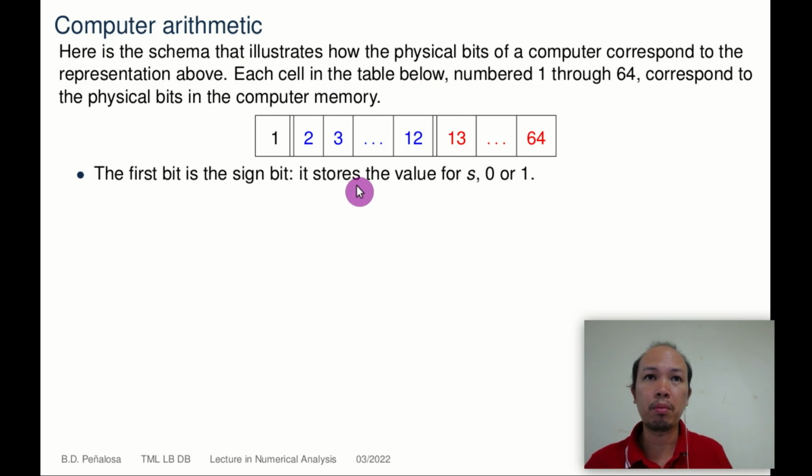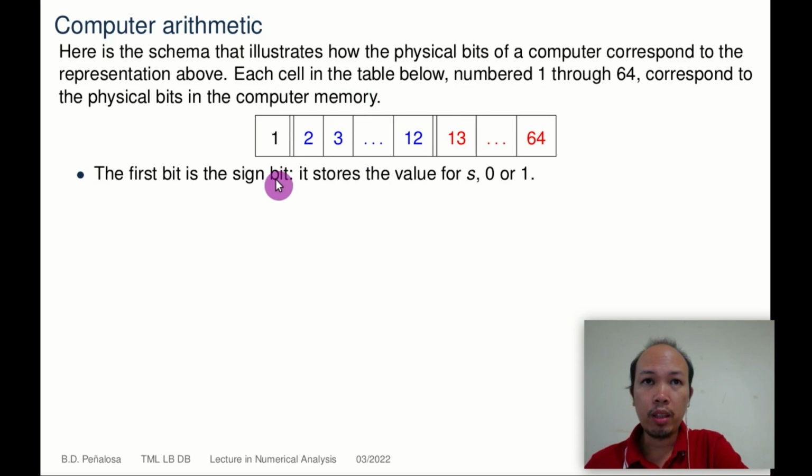Each cell in the table below, numbered 1 to 64, corresponds to the physical bits in the computer memory, because the language of the computer is represented by 0 and 1.